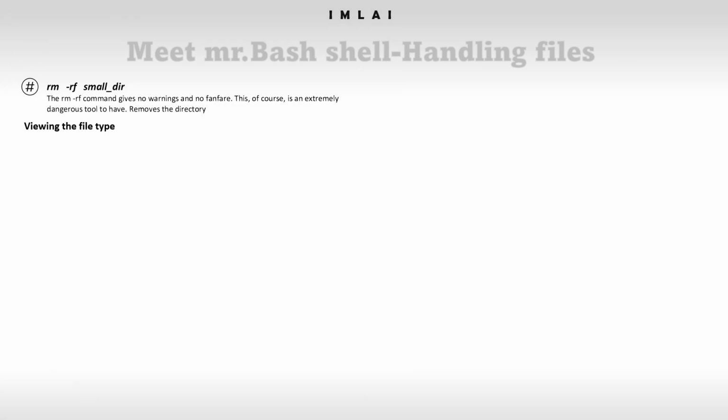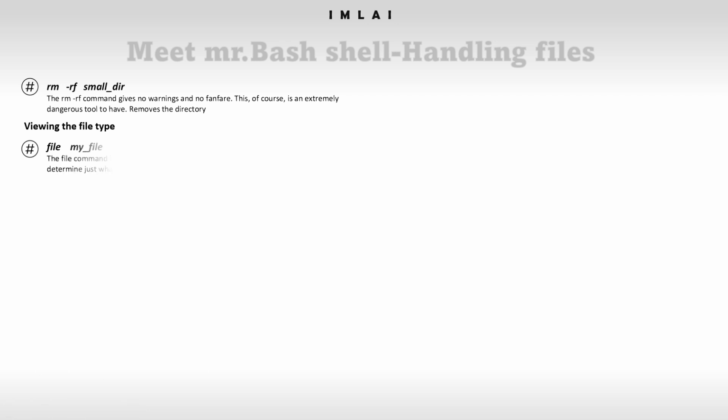So now we will move on to viewing the file type. You can use several commands for looking inside files without having to pull out a text editor utility later in this course. This section demonstrates a few of the commands you have available to help you examine files.